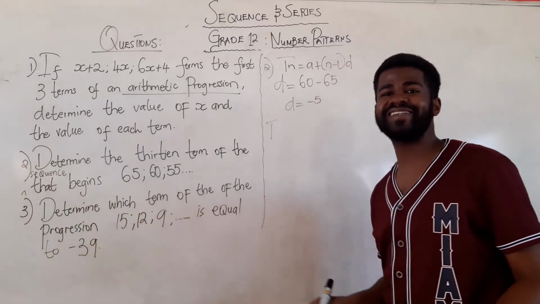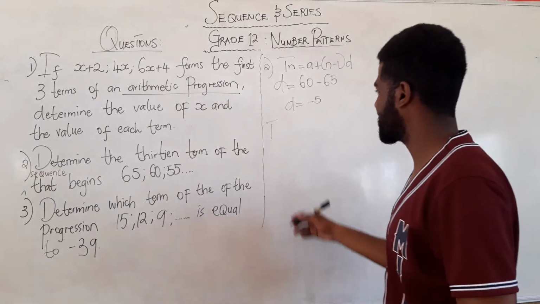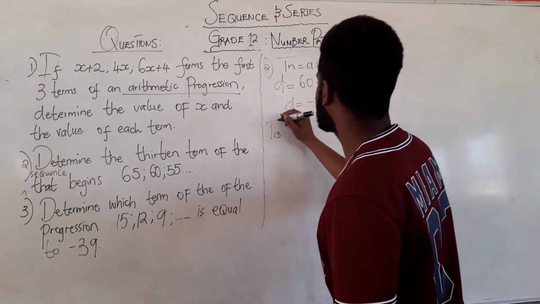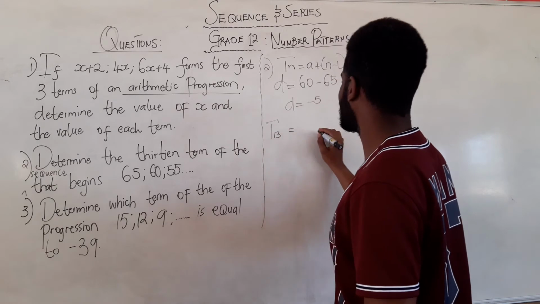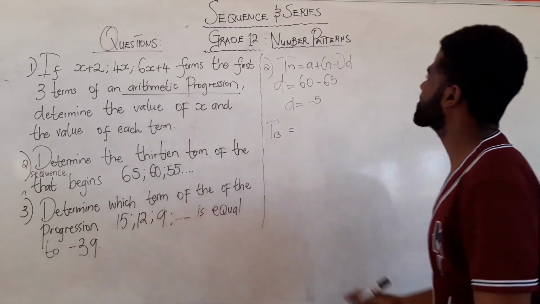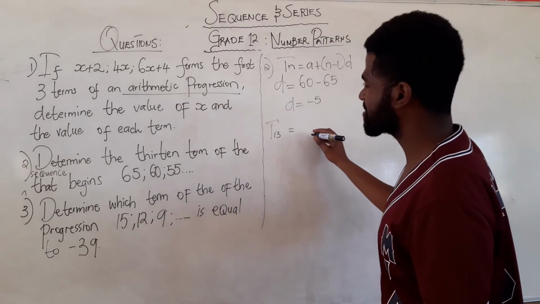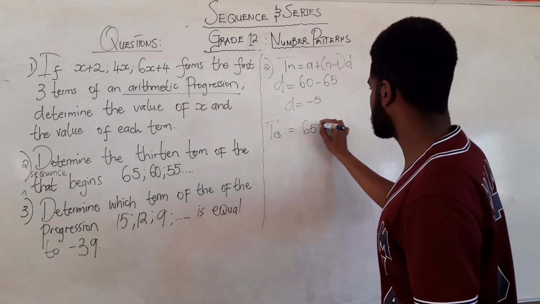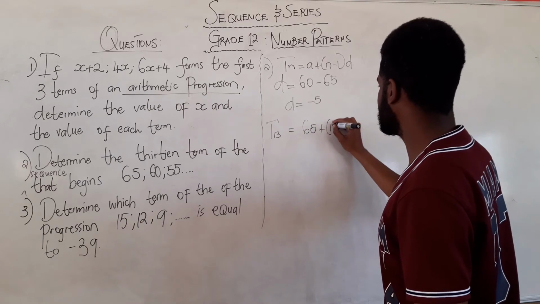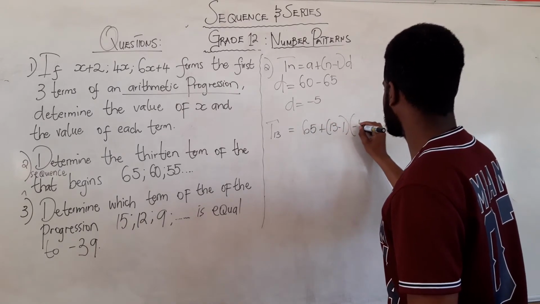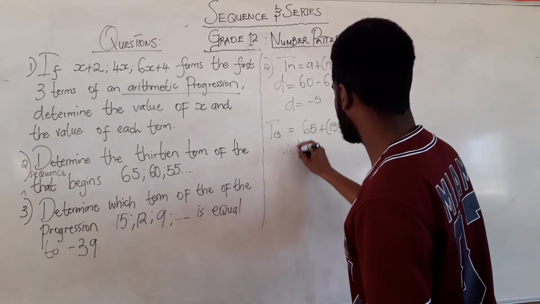Tn, they say T13, we want our 13th term. So when you see n, you are going to substitute it with 13. So our T13 is equal to a plus n minus 1 into d. What is our a? Our a is 65. 65 plus 13 minus 1 into our difference, which is negative 5.